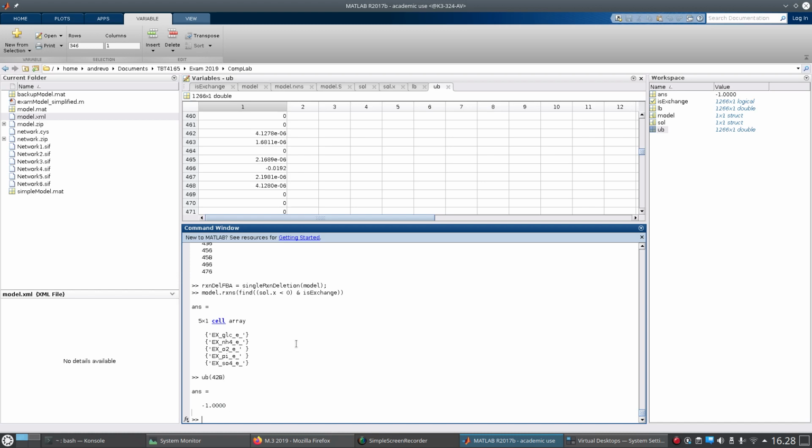So with that little digression sorted out, we now want to find the number. So let's start with the size. LB less than 0, and UB greater than 0.